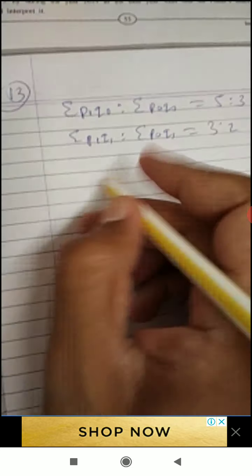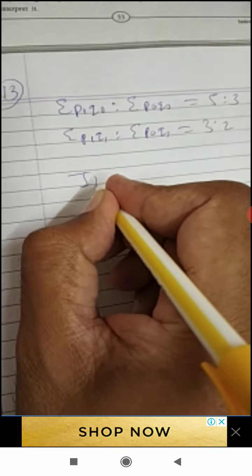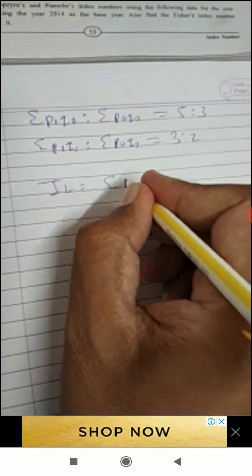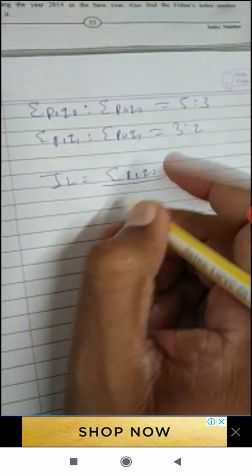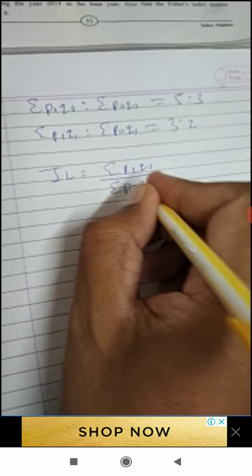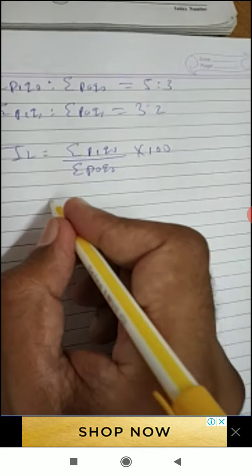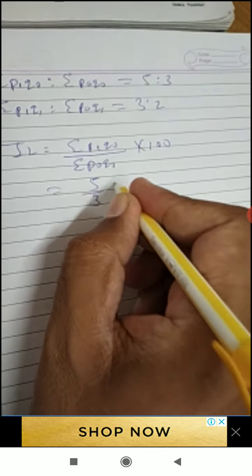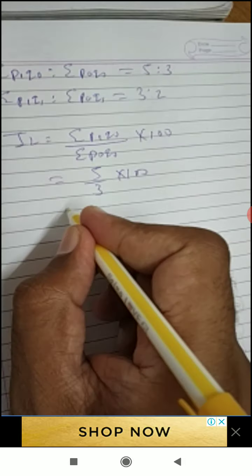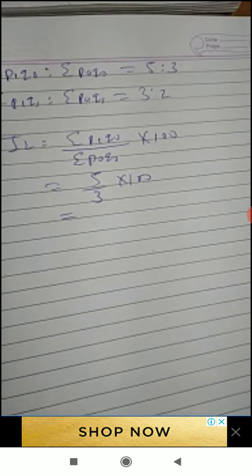First of all, IL equals sigma P1 Q0 divided by sigma P0 Q0 into 100. So the value is 5 divided by 3 into 100.